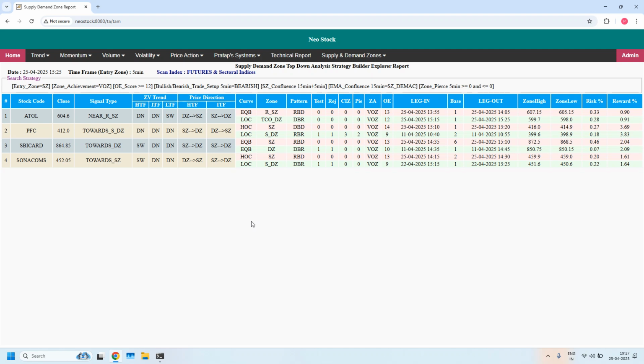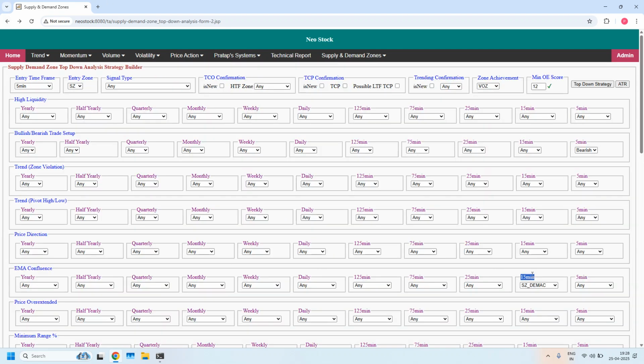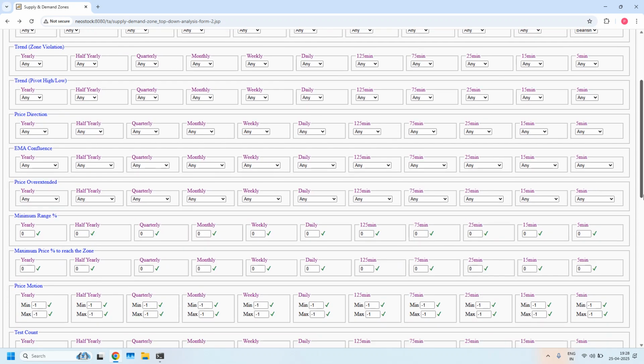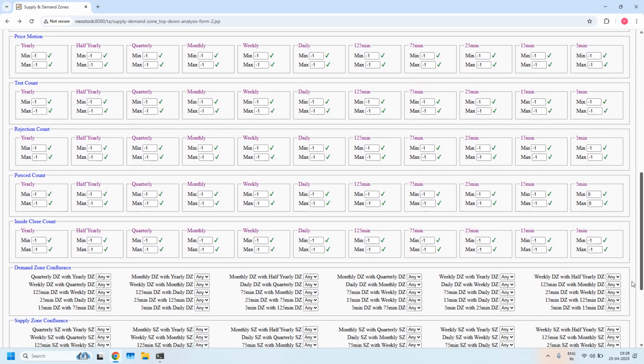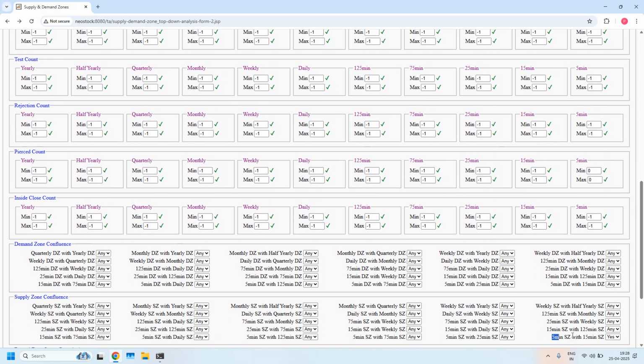Okay, next, this is LTF and ITF, that is 5 minute and 15 minute supply zone confluence. Now we should also look into 75 minutes: 5 minute, 15 minute and 75 minute supply zone confluence supported stocks. So I'm going back, removing the EMA filter. In the supply zone confluence, we have to set 3 filters. The first filter is already enabled, 5 minutes with 15 minutes supply zone confluence.